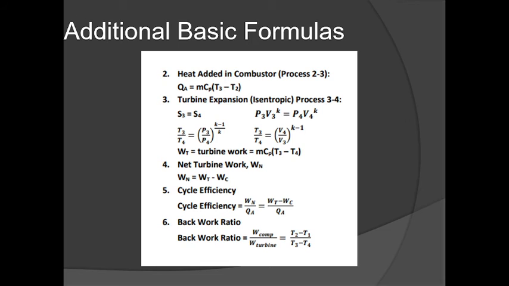So the work for the turbine is equal to m Cp delta T from point 3 to point 4.